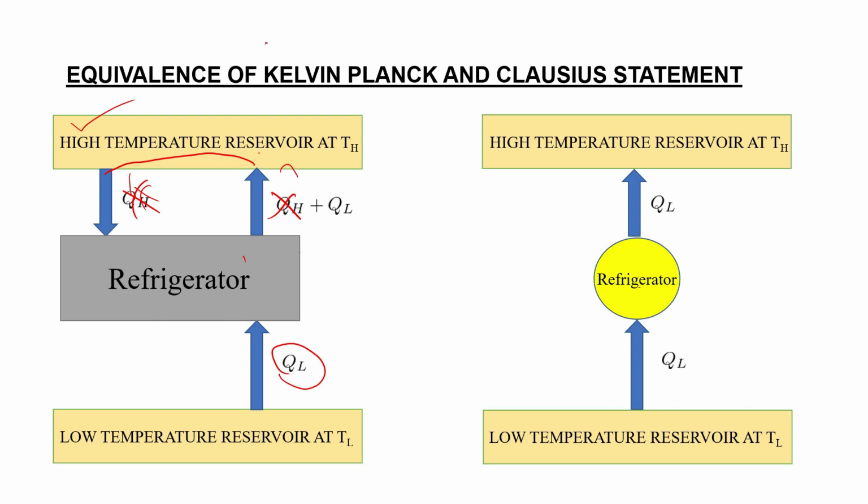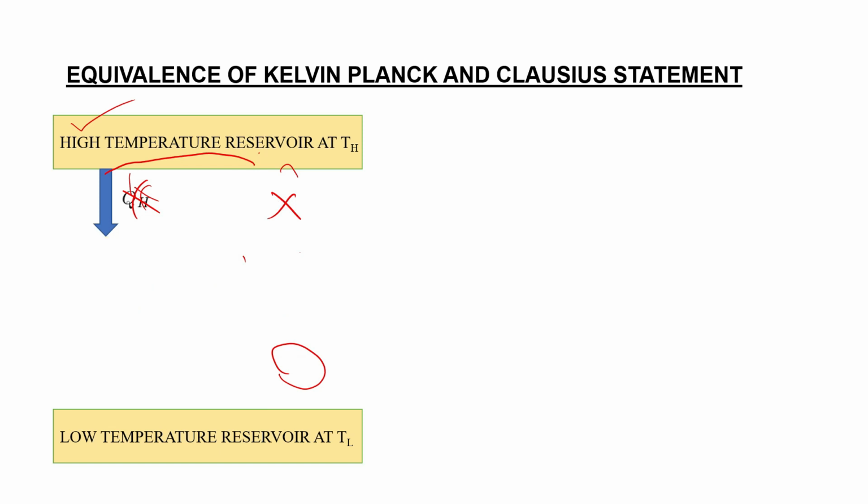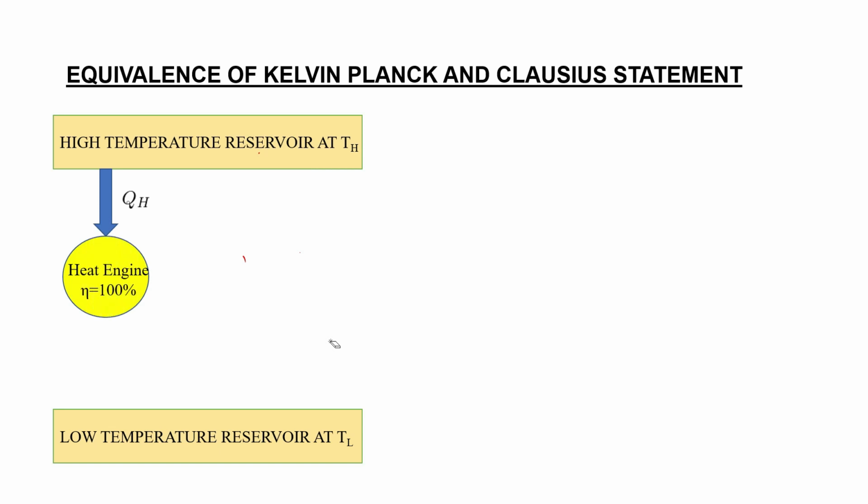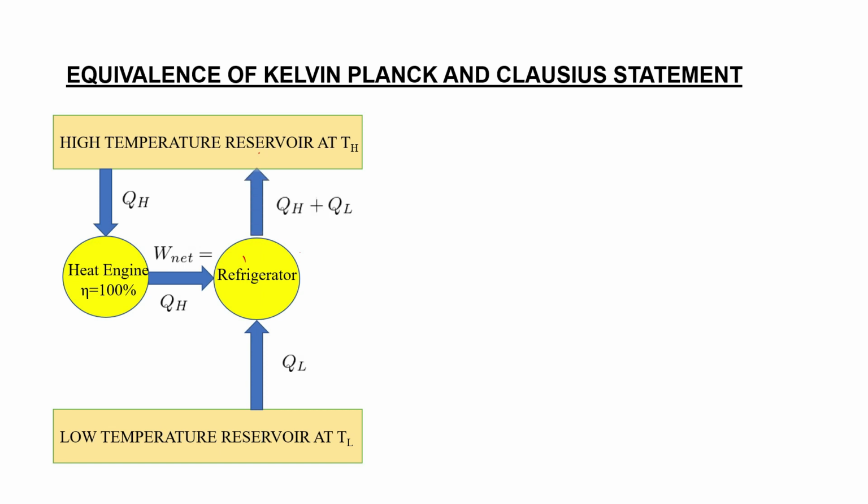So we started with a heat engine which violates Kelvin-Planck statement and a refrigerator which does not violate Clausius statement. And finally, we found a refrigerator which violates Clausius statement. So what we are trying to establish is, you have a heat engine which violates Kelvin-Planck statement, then you have a refrigerator which does not violate Clausius statement.